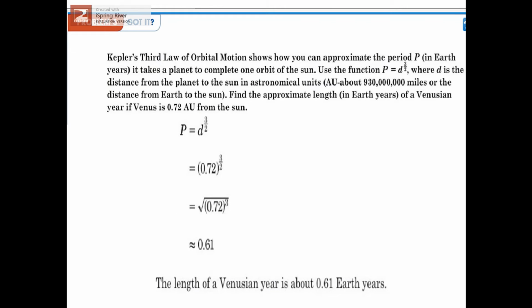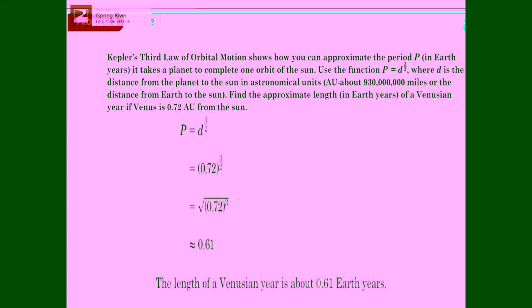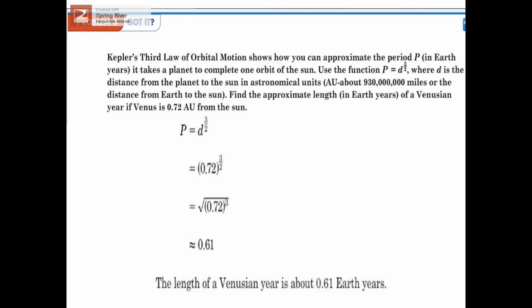Okay, the formula is P equals D raised to 3 over 2. What is D, or distance, in our given? Yes, and that is 72 hundredths. So we have 72 hundredths raised to 3 over 2. Now write that in radical form, and that will be square root of 0.72 raised to 3.